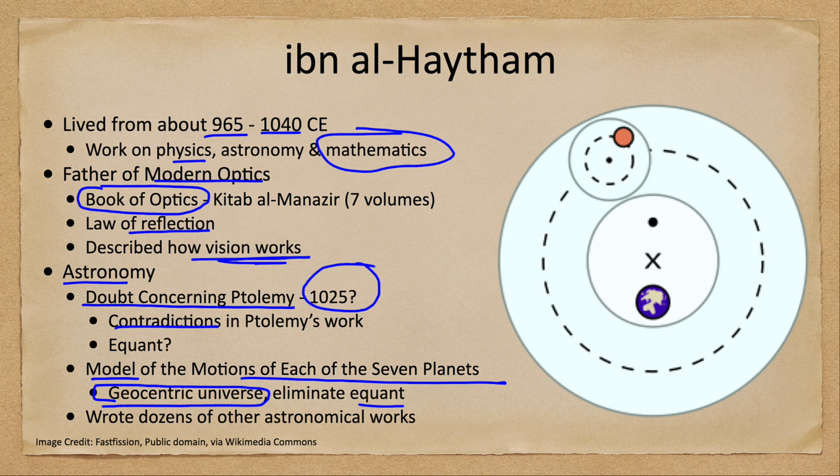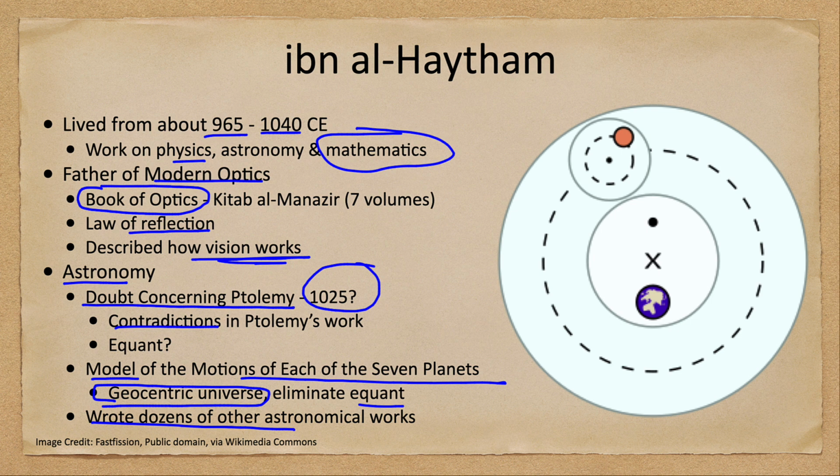But people were continuing to work and make modifications to really help better understand and predict how the planets moved in our solar system. And of course, he also wrote dozens of other astronomical works, some of which still survive, and we still have references to those.